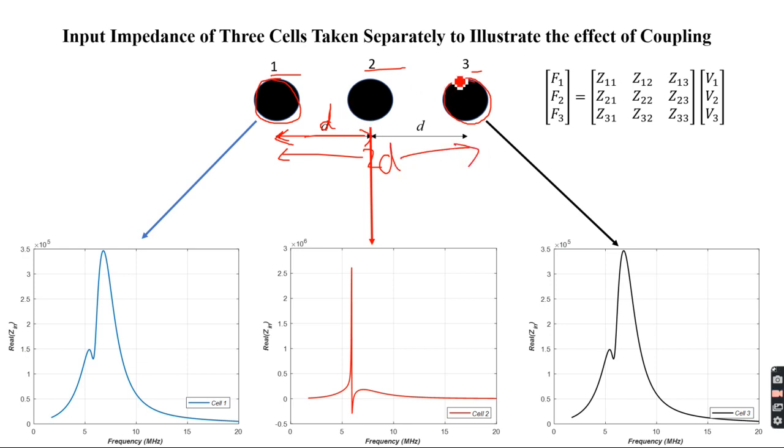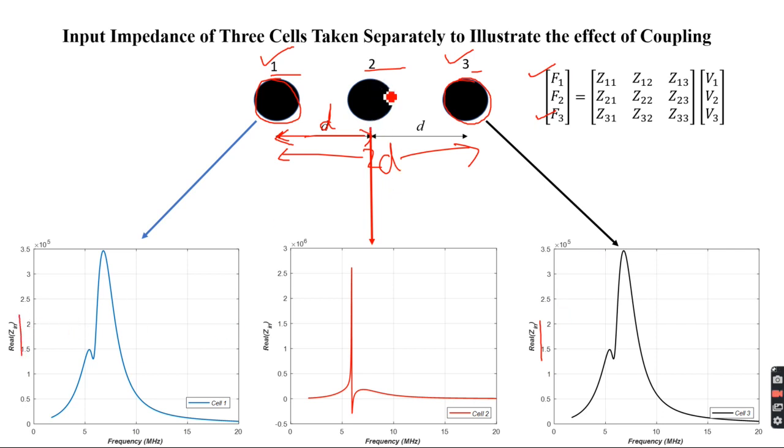And the same thing occurs for the third cell. So the third cell and the first cell are going to experience the very same forces at their acoustic ports, F1 and F3. They're going to be the same. You can figure it out from here.